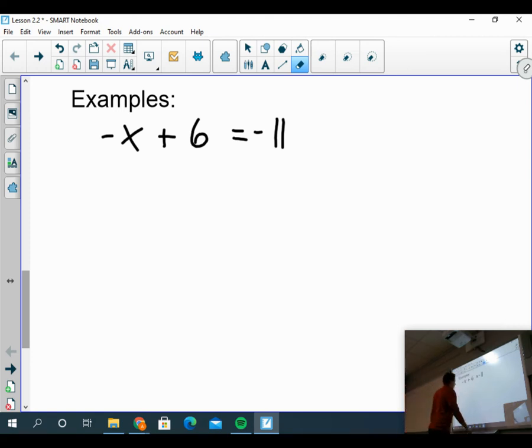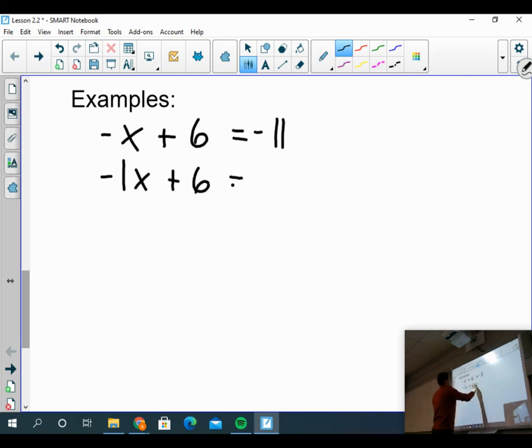So when I see minus x, I'll just rewrite it down here as minus 1x, just for a visual to help me understand what's going on. Well, when solving two-step equations, according to what we've been doing, it's easiest if I move the constant first, and I want to get this x by itself so that I can find out what it is.